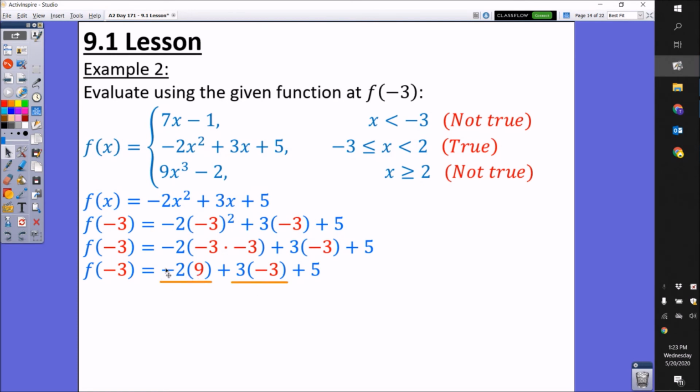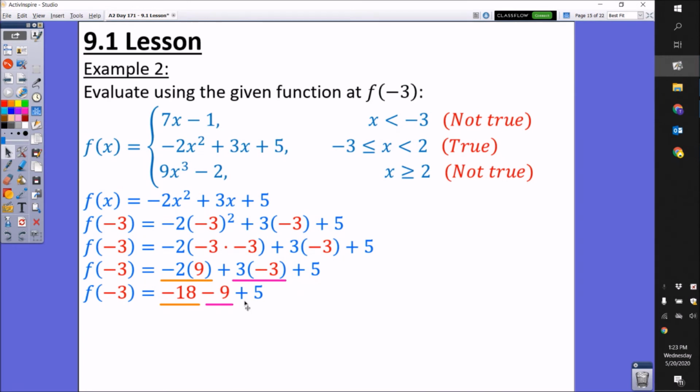So again, we're going to multiply -2 times 9 and the positive 3 times -3. So -2 times 9, that's going to be -18. And then the positive 3 times -3, that's going to be a -9. So when you multiply, you're going to have -18 minus 9, and then don't forget about the plus 5. Make sure you bring that down.